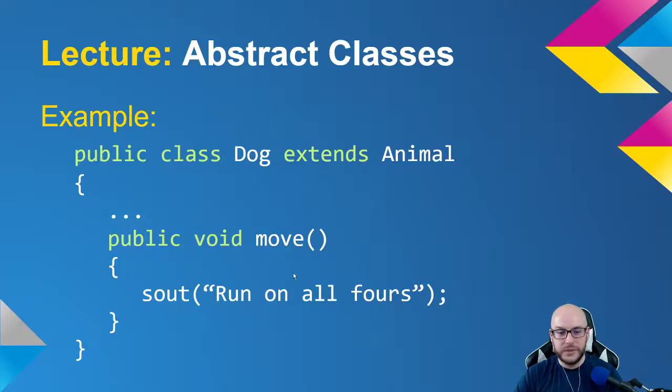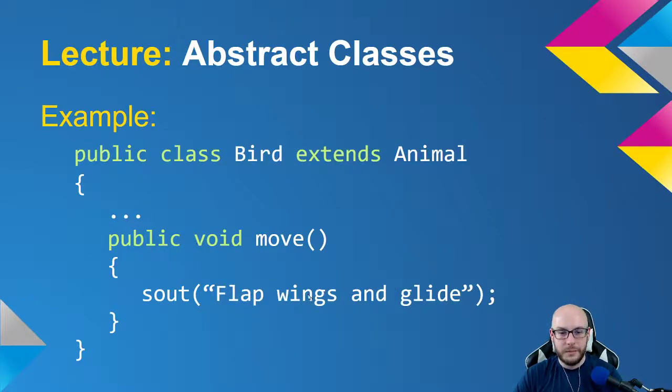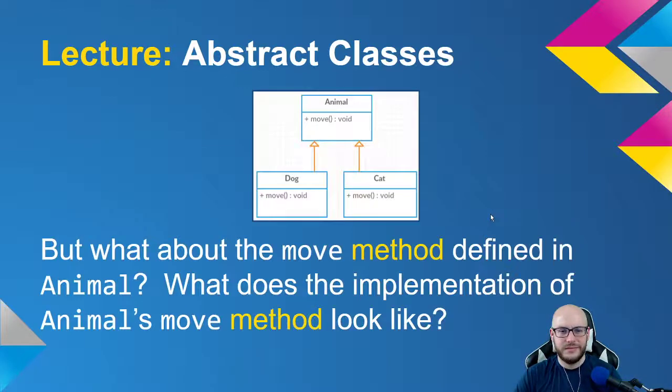The way the dog moves is different than maybe how the bird moves. Here I have some nonsensical move methods. In practice, you would maybe visually represent these things, I don't know, in a simulation. But what about the move method defined in animal? This is where this falls apart and why I kind of hate that people use this as an example.